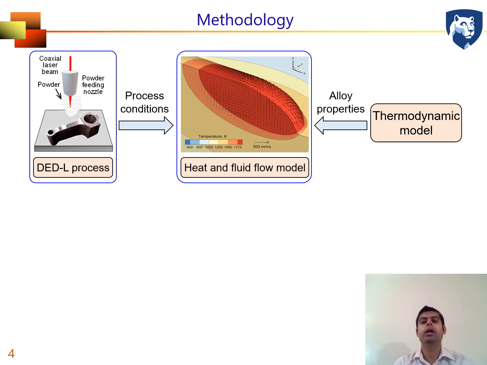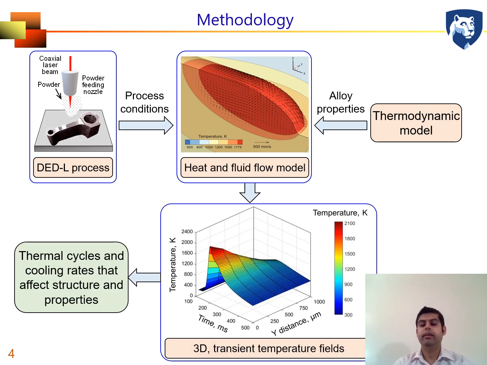These are used in the heat and fluid flow model to compute the 3D transient temperature fields from which we can get the thermal cycle and cooling rate. Both of them are responsible for the variation in structure and properties of the part.